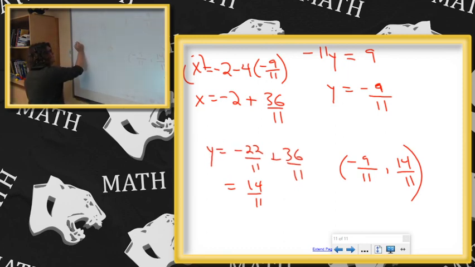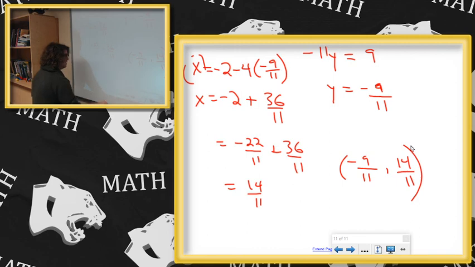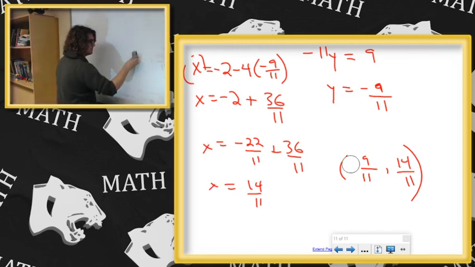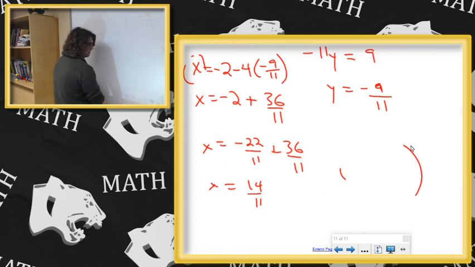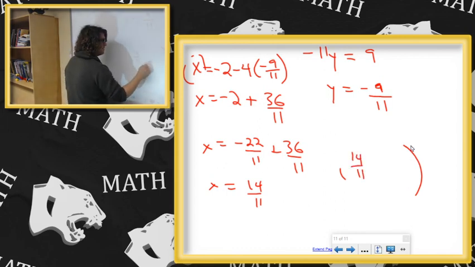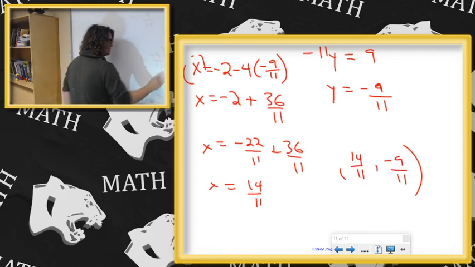We'll fix that. So X is 14 over 11. So these are backwards: 14 over 11 and -9 over 11.